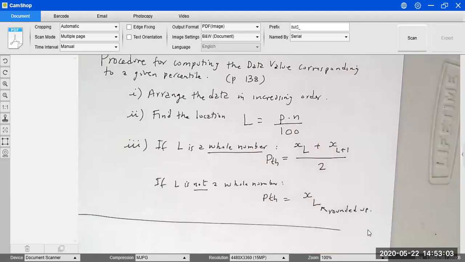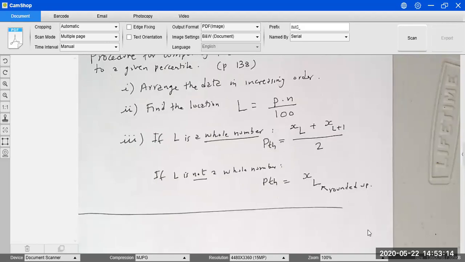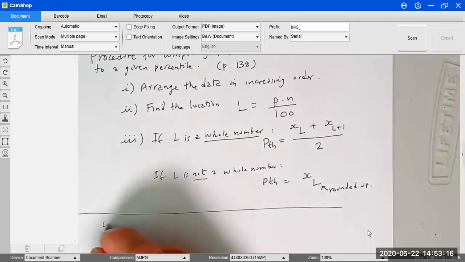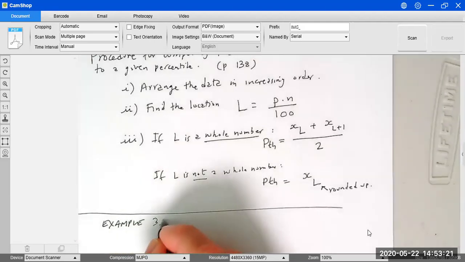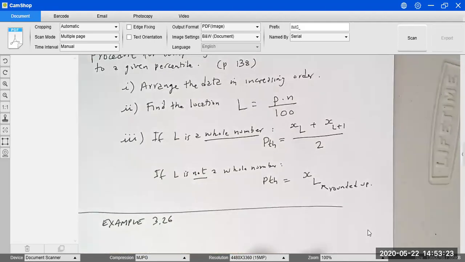Sometimes we want to know the percentile corresponding to a given value. So let's solve example 3.26.